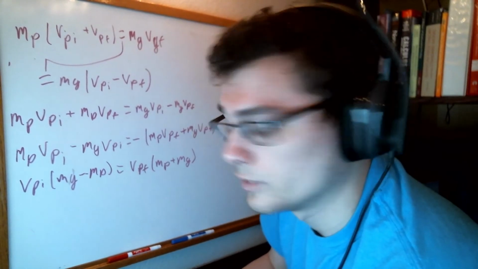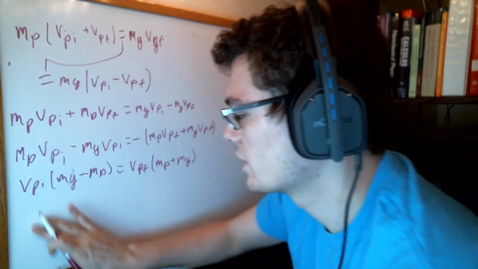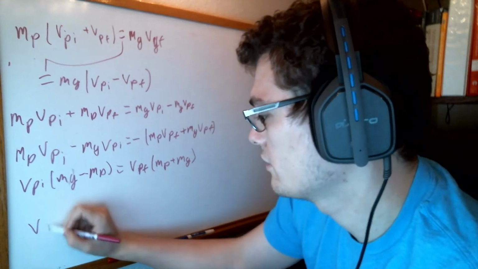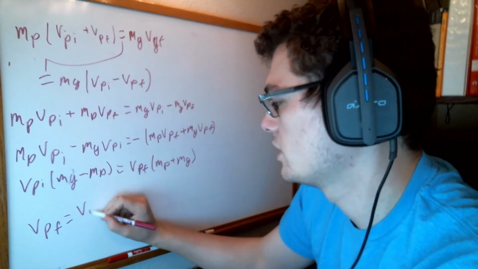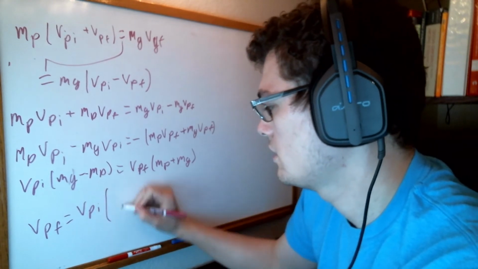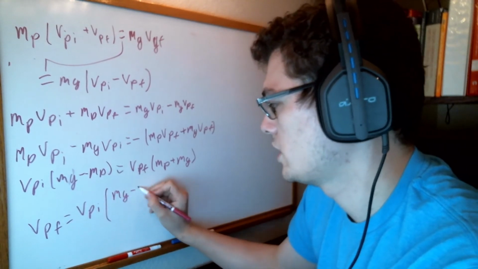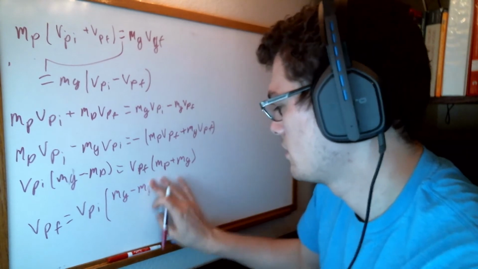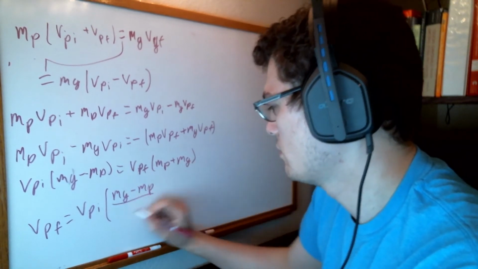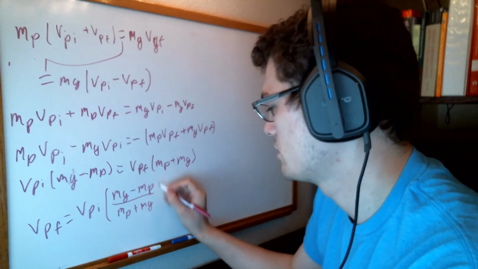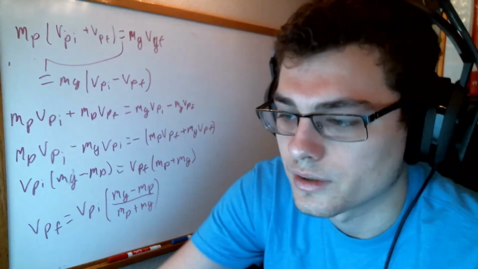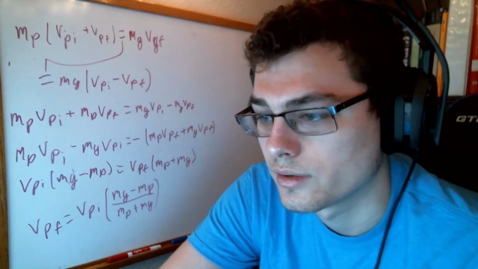And so then we know the initial velocity of the puck, so we can solve for the final here. VPF is then going to be equal to VPI times (MG minus MP) over (MP plus MG). And there's your expression for your velocity.